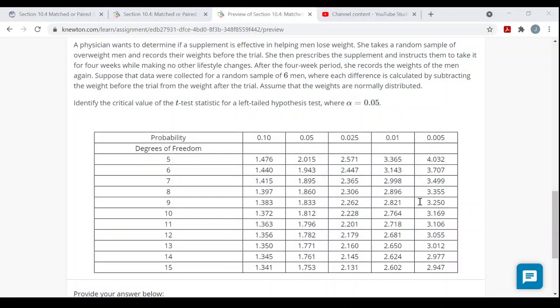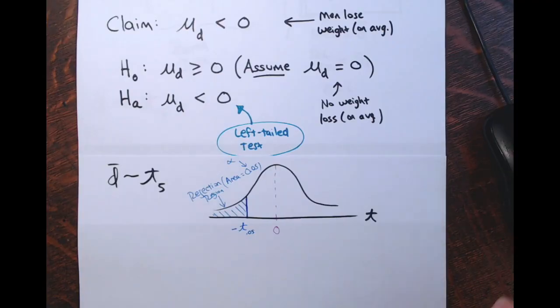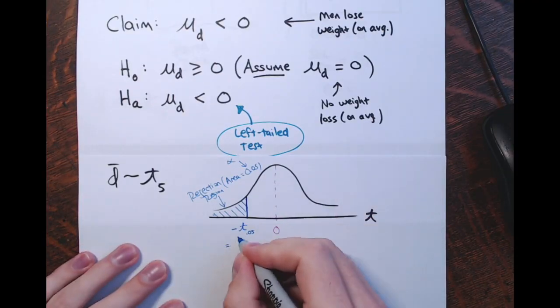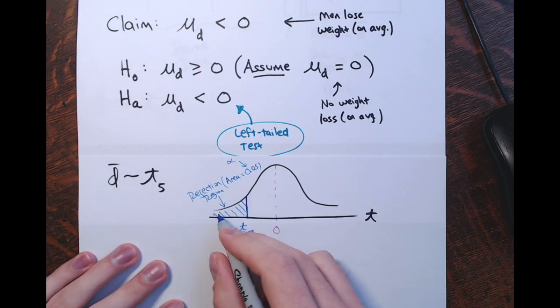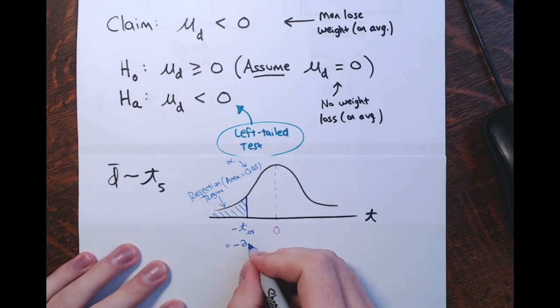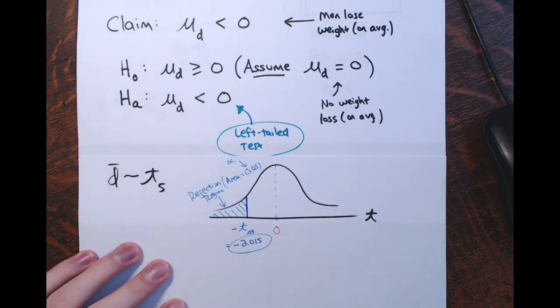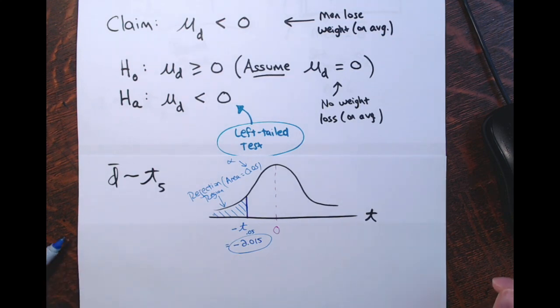So back here on the table, we have 5 degrees of freedom, so I'm in this first row. We're looking for that t-score with 5% above it, and then we're going to take the opposite of that. So up here, the 0.05. The t-score I'm looking for is 2.015. So back on my piece of paper, this value with 5% below it in the left tail is negative 2.015. There's the critical value of my test.